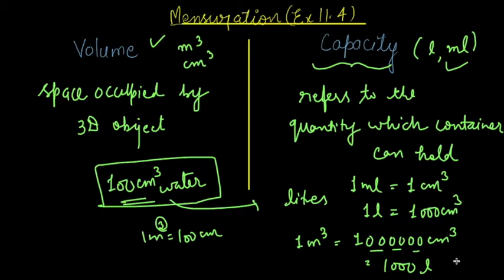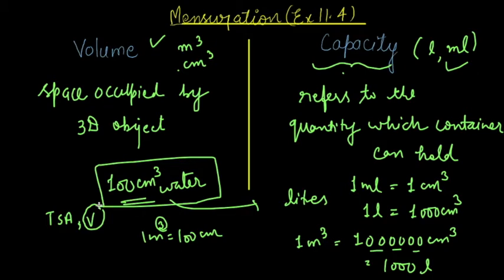Now if you see question number 1 in the exercise, there are certain cases given and you have to tell whether you will calculate the TSA or the volume in these situations. The first part is to find how much a container can hold. We have just discussed, it means capacity or volume. We have only TSA and volume here, so we have to calculate the volume.